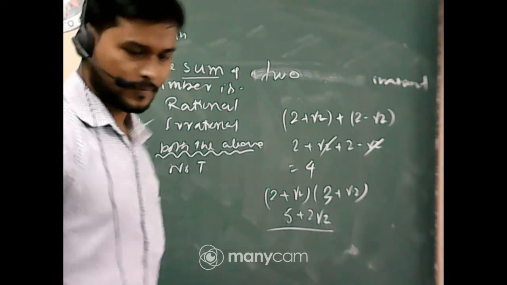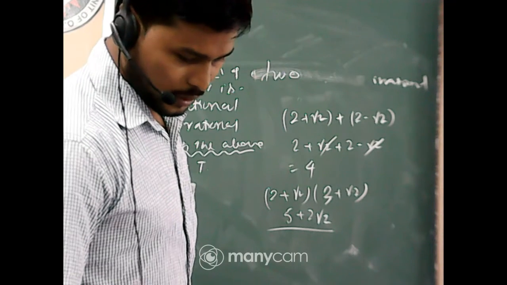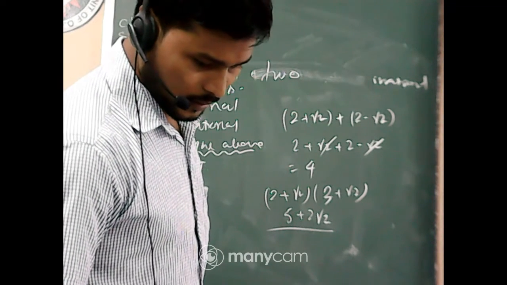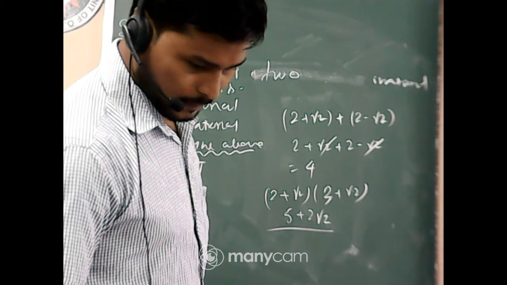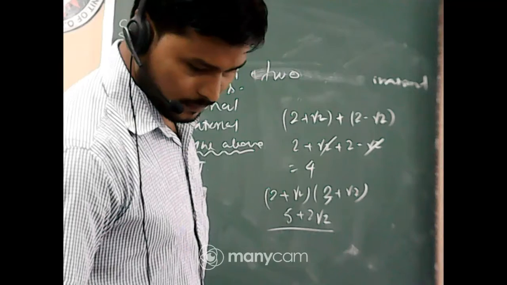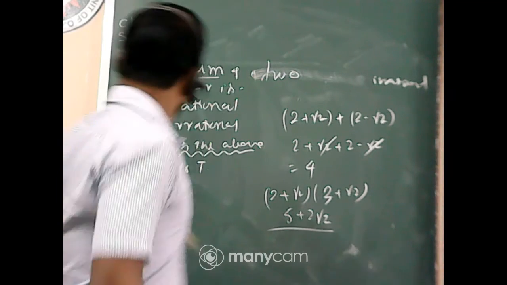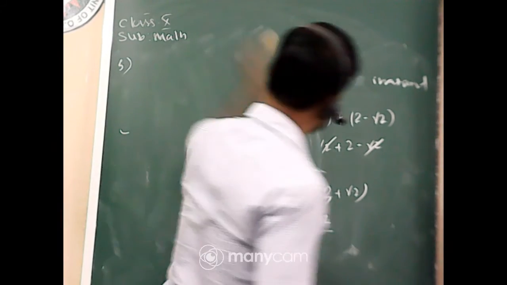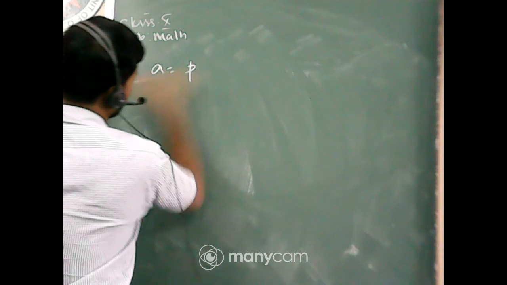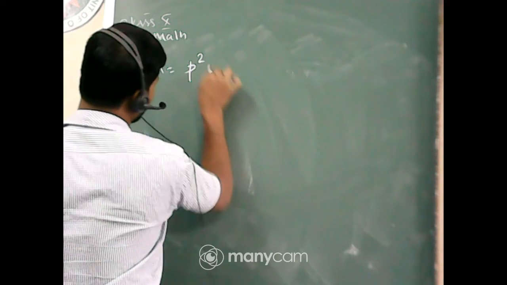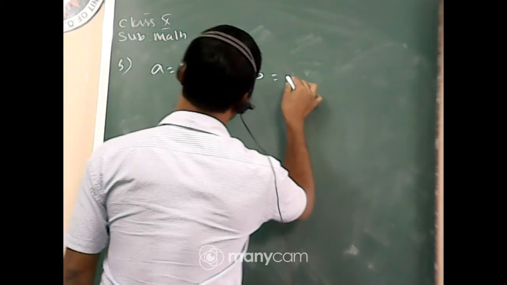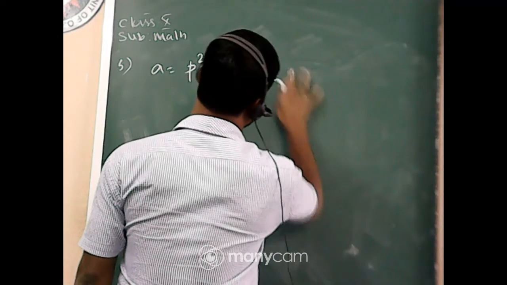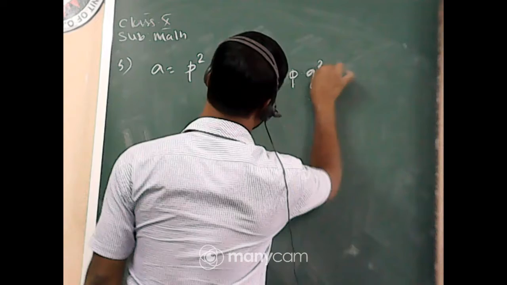Okay, next, come to the next question. Suppose there are two numbers, A, which is of the form p square into q cube, and another number B, which is of the form p into q square.